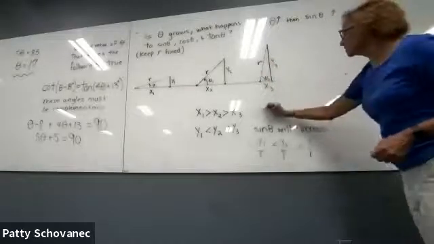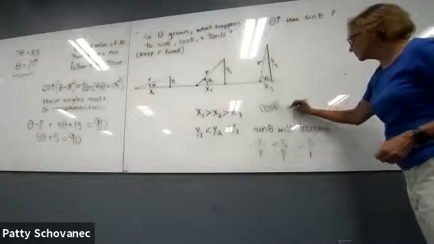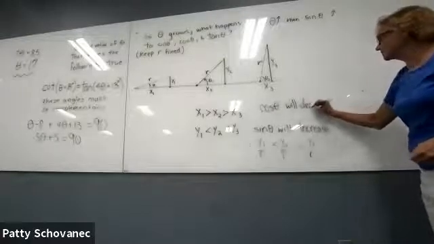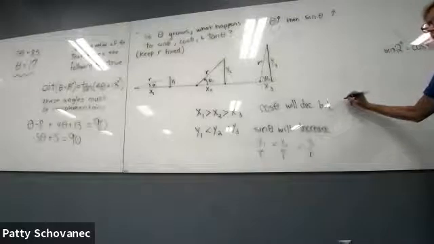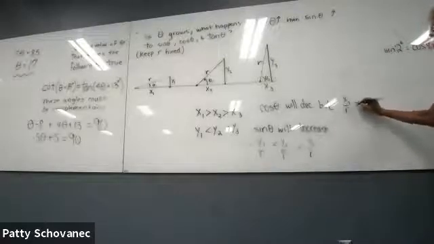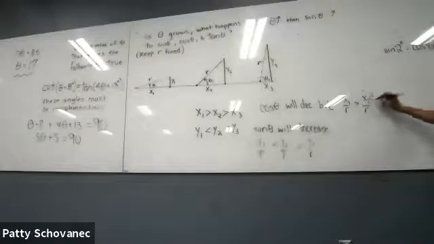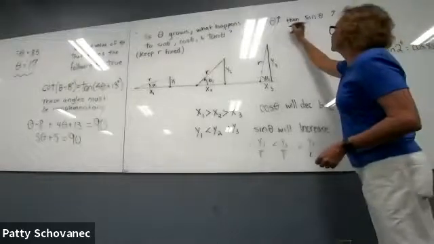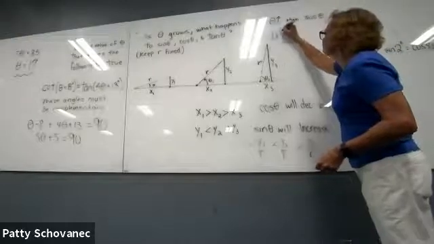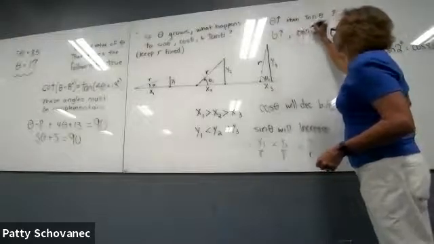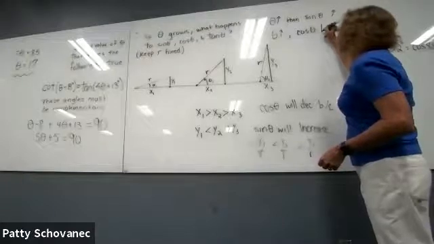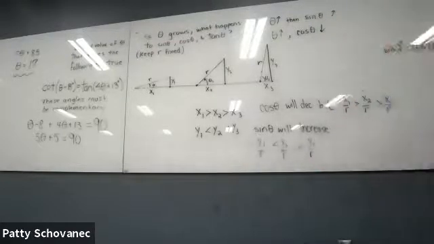So the cosine of theta will decrease because X1 over R is going to be bigger than X2 over R is going to be bigger than X3 over R. So as theta grows, the cosine of theta decreases. The cosine of 2 degrees is going to be bigger than the cosine of 32 degrees.